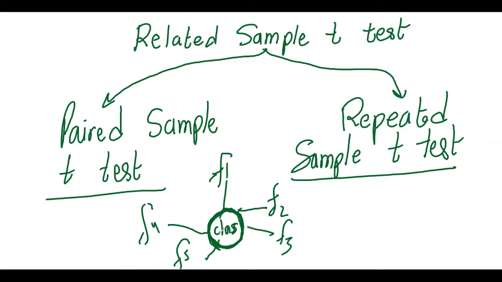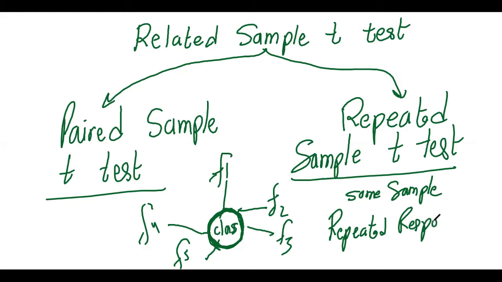So we are repeating the responses from the same sample. We call it same sample, but repeated response. I hope you have clarity in this. So when the sample is same and you are taking repeated responses, this is known as repeated sample t-test.